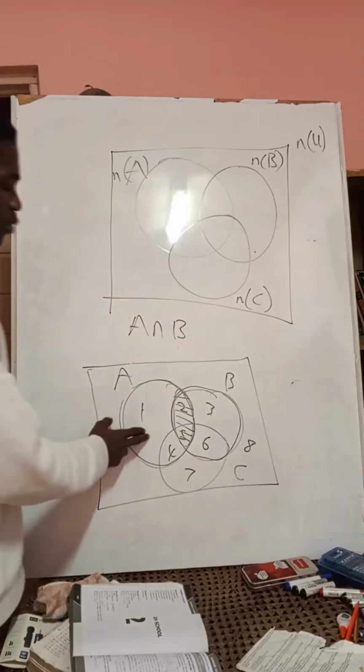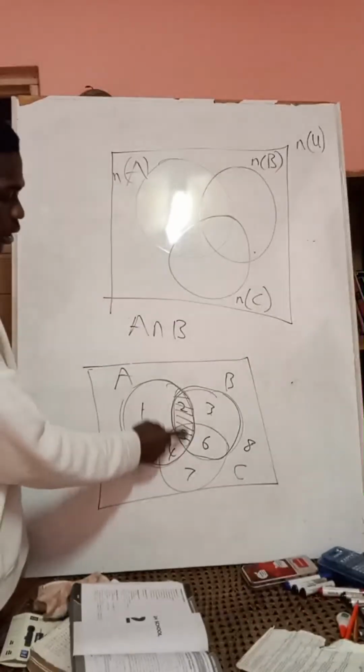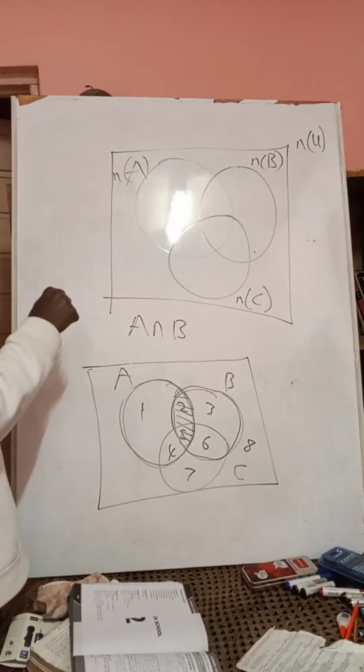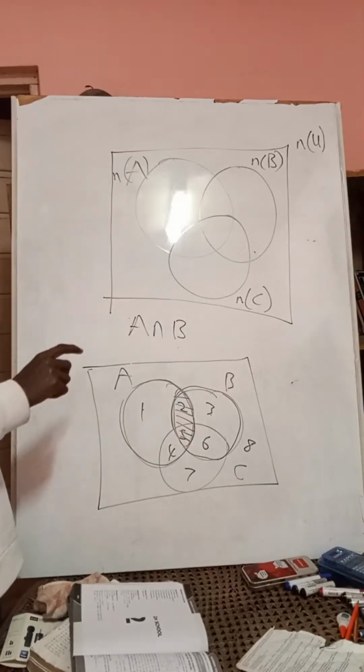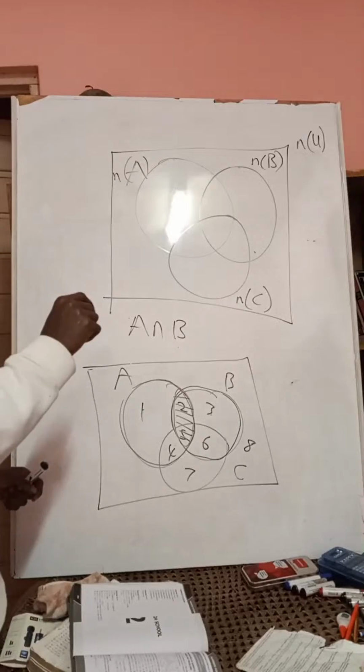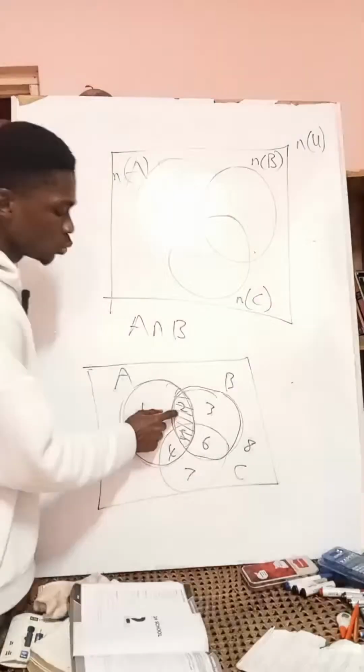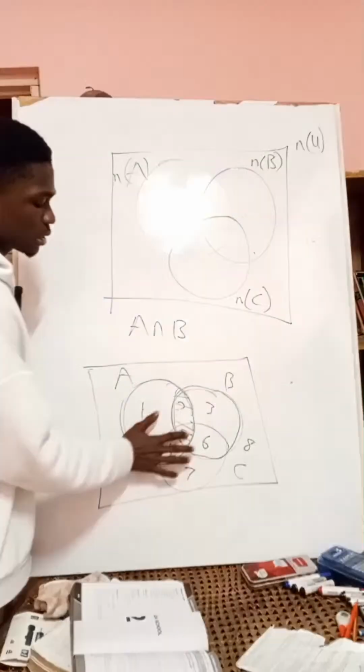Now, this one is simple. Let me tell you something. When they say A intersection B only, that's whereby it will be only region 2, which is this region.